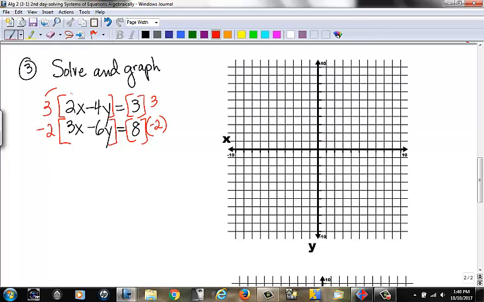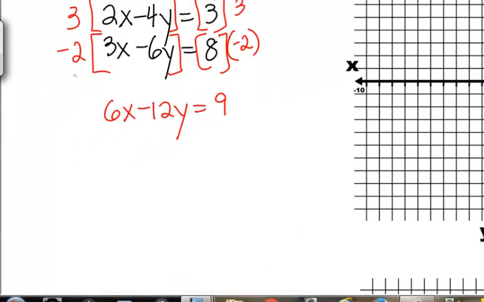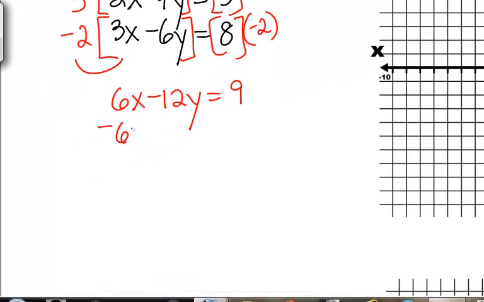So if you multiply this out, you'd have 6x minus 12y equals 9. Multiply this out, you'd have -6x plus 12y. This one's plus 12y. Check my work. Equals -16.